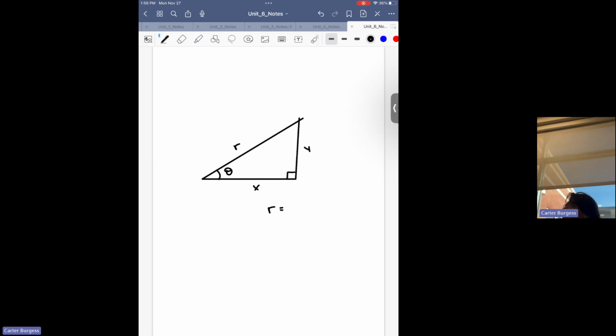This is, again, taking x, y information, translating it into r and theta information. What can I say about r in terms of x and y? Yes, but that requires us to know theta as well. Yeah, this is just Pythagorean theorem information. So this would be like the square root of x squared plus y squared.